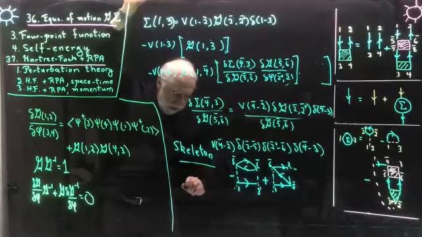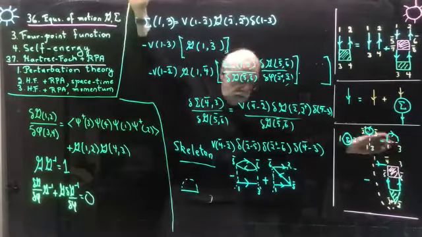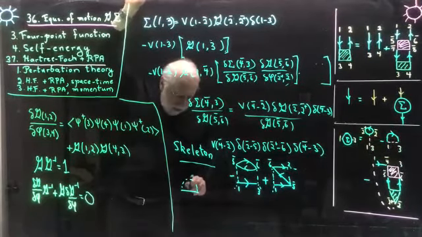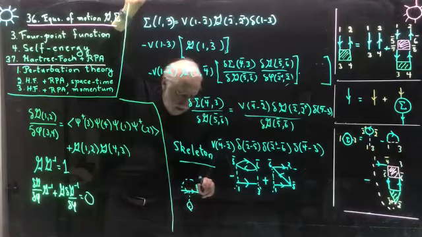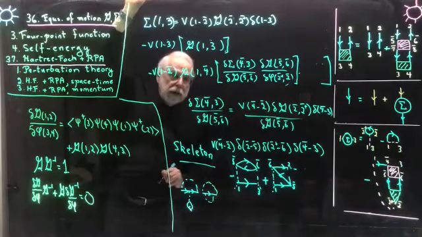So I could get terms that look like, for example, this term here, and I could have, for example, this. That would be another second order diagram. And this, like this, would be another second order diagram.